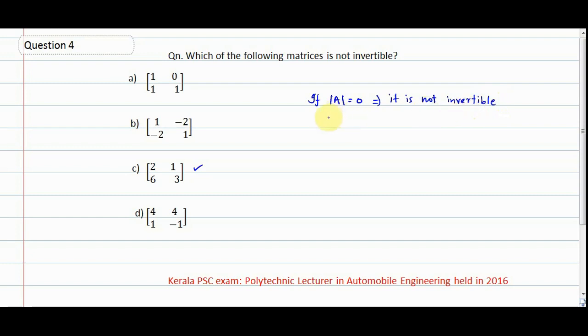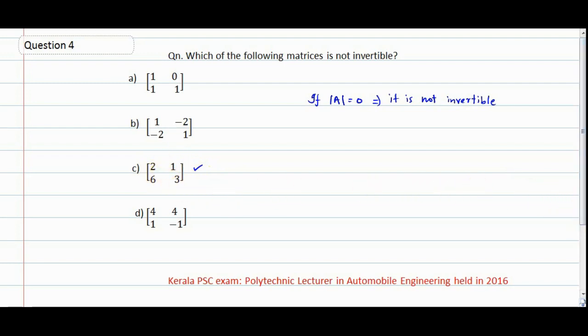So among these 4 matrices, you have to find out which one of these 4 is having a determinant value equal to 0. So here in option C, you can see a matrix where we will have determinant value equal to 0. Determinant of this matrix will be 2 into 3 minus 1 into 6. So 6 minus 6, that will be 0. So here the right answer is option C.